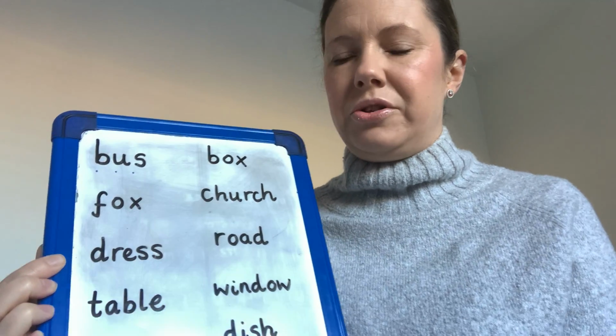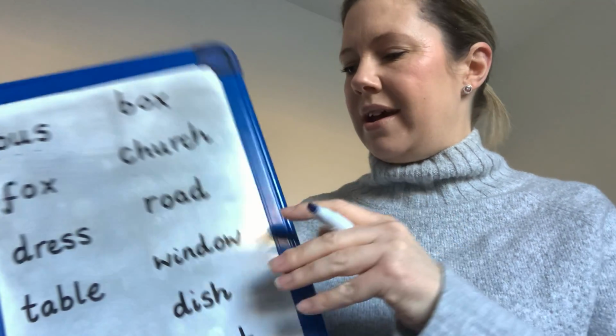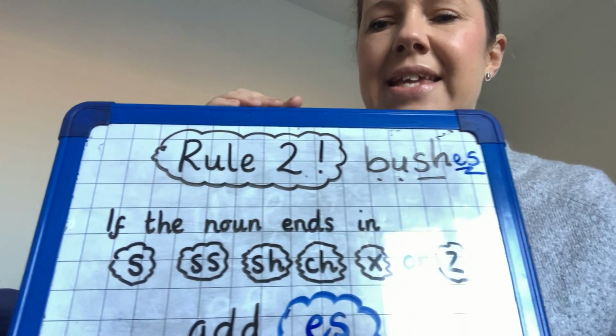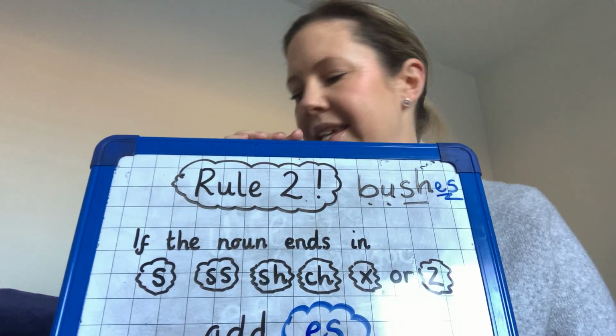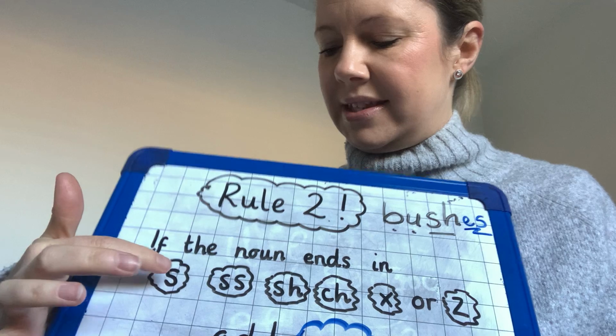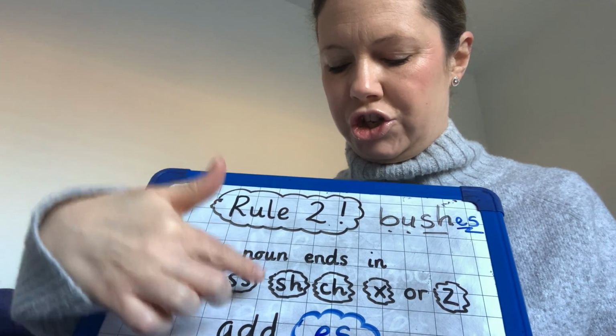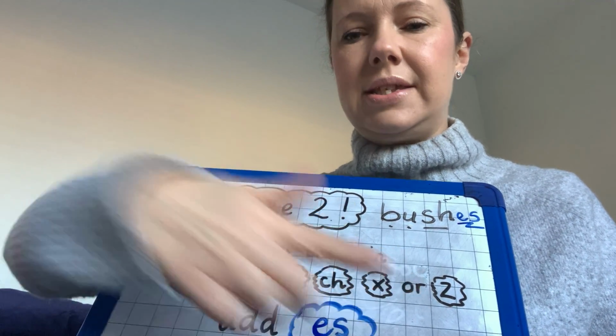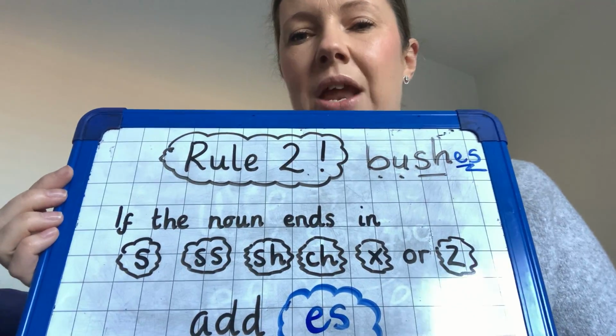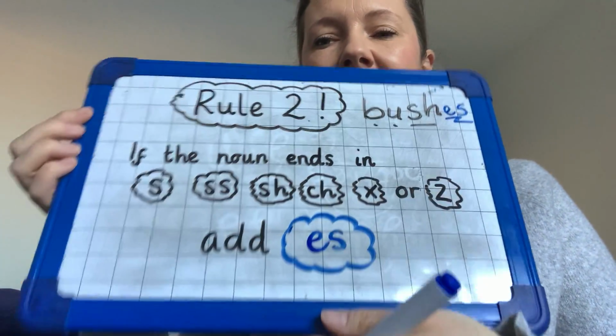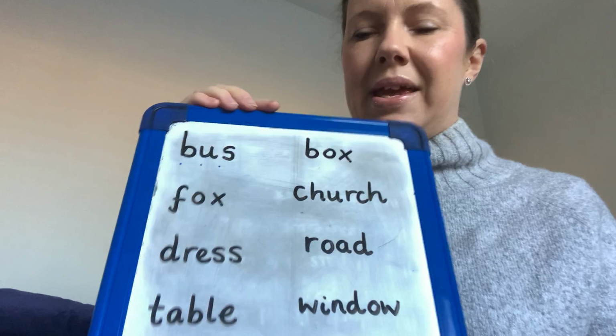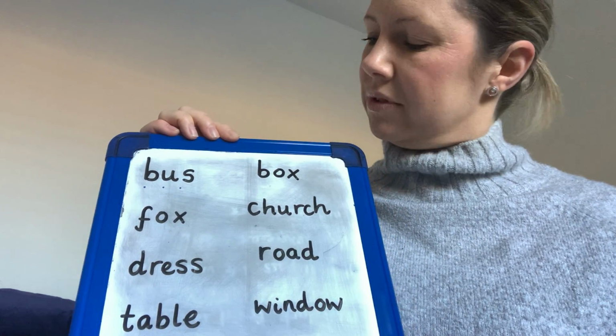So we've got bus. Okay, now looking at our rule, it says if the noun ends in an s, sh, ch, x, or z, then we must add es. So does bus end in any of those sounds?